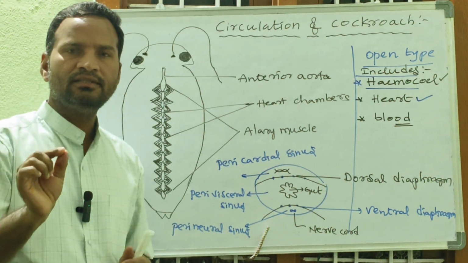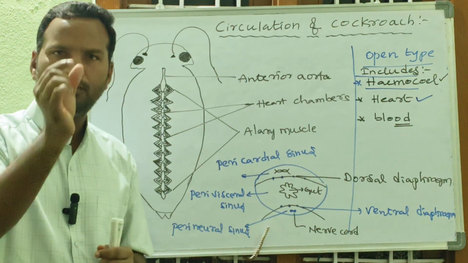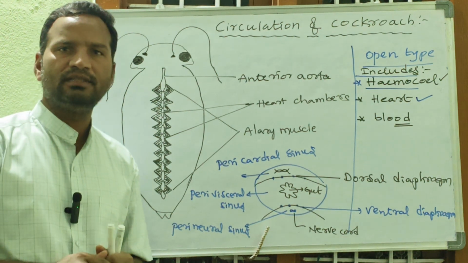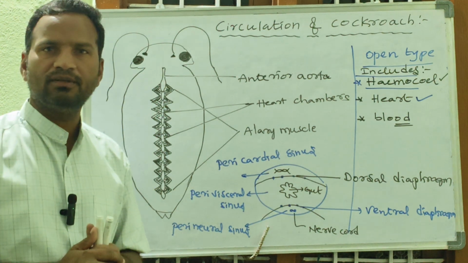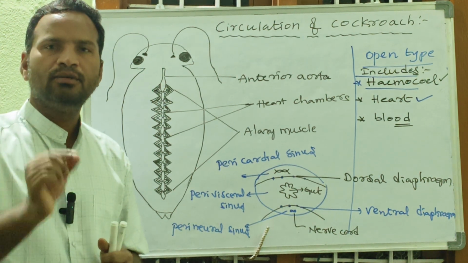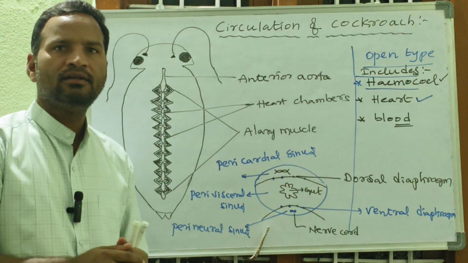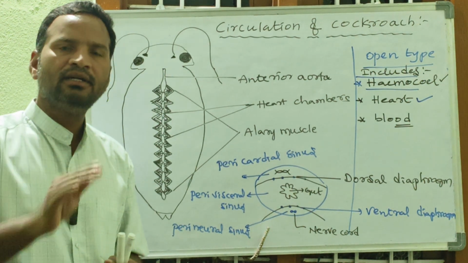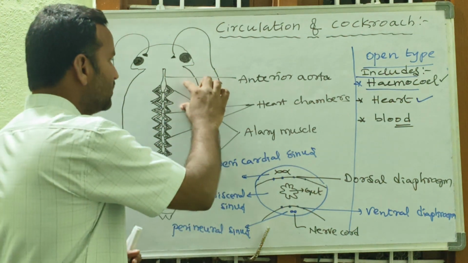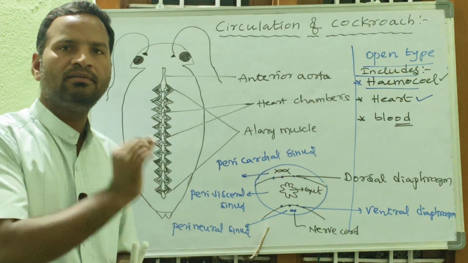The heart is long, muscular, composed of muscles, and a contractile tube-like structure which is present in the pericardial space along the mid-dorsal line beneath the terga of the thorax and abdomen. This is the location of the heart.